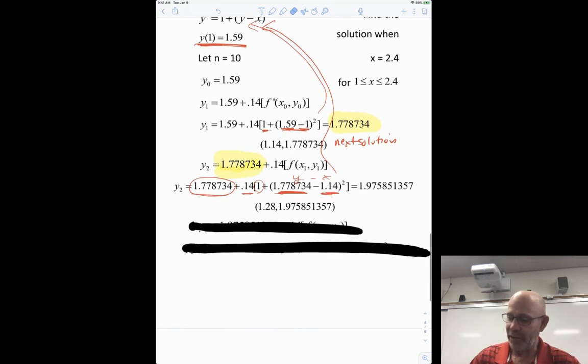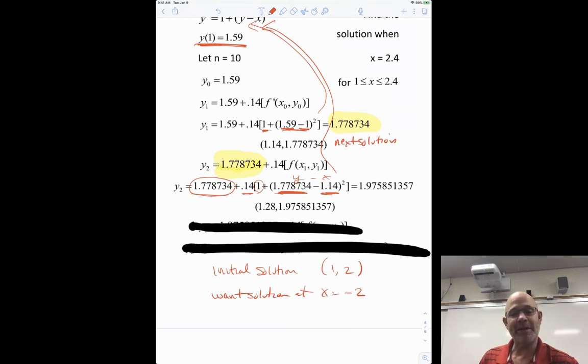One other thing really that comes up, and that's it, is let's say the initial solution is at 1, or 2, or whatever, and I want the solution at x equals -2. So that means I'm going to the left. Notice in the original problem I did, we were going from 1 to 2.4, right?